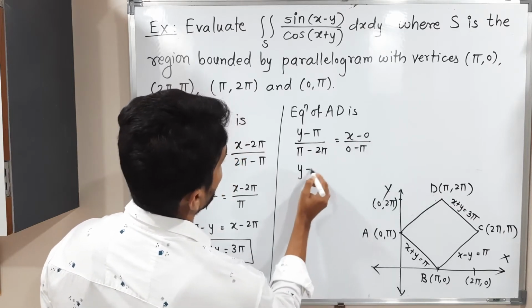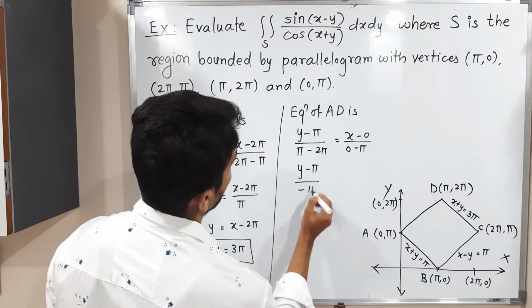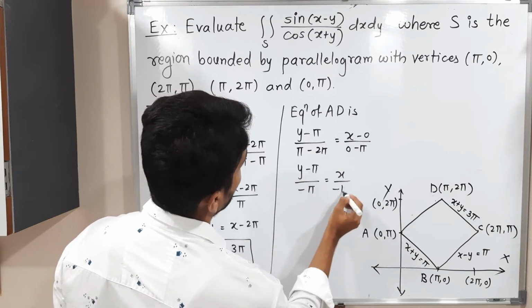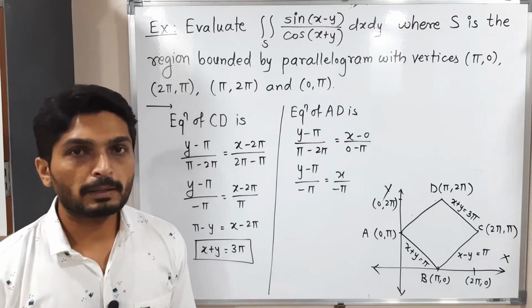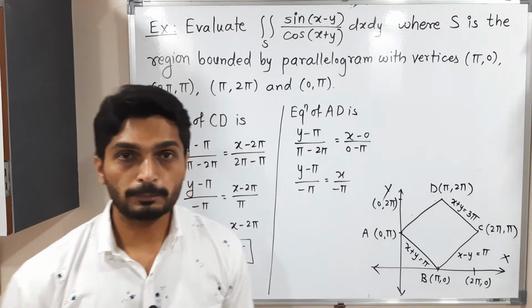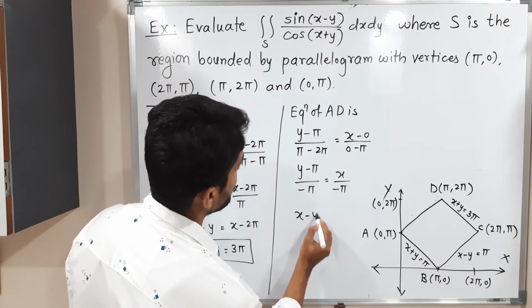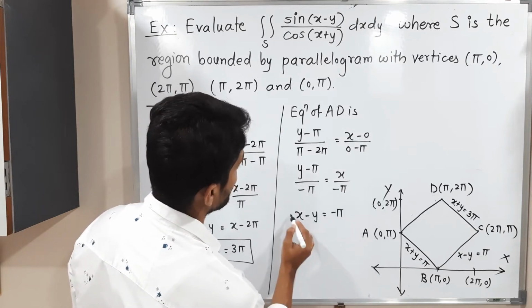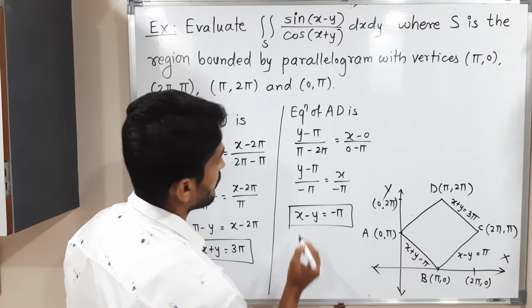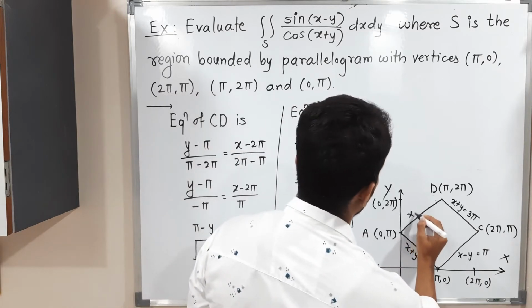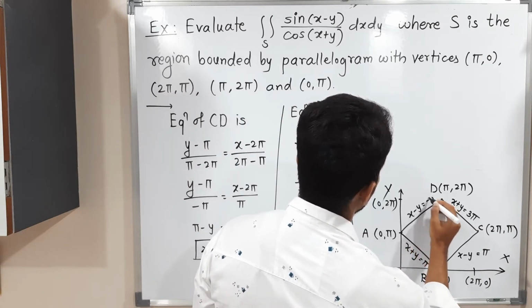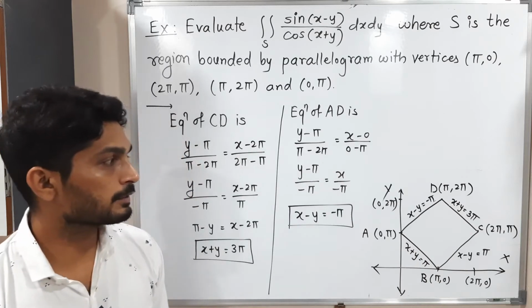Let us simplify: (y minus pi) upon minus pi and x upon minus pi. Minus pi gets cancelled from both denominators, and if you simplify you have x minus y equals minus pi. So I write here x minus y equals minus pi. This is the equation of AD.